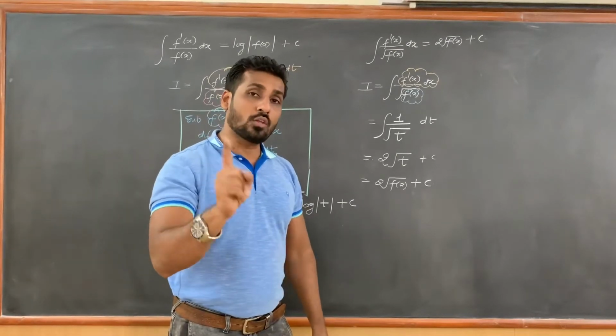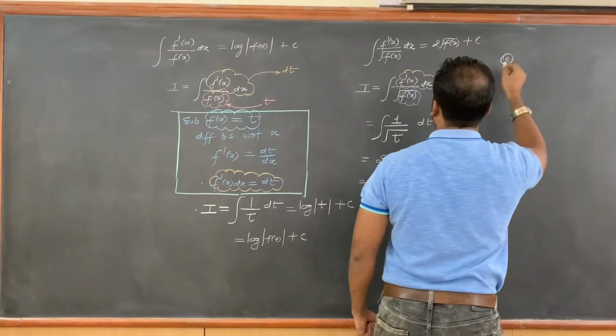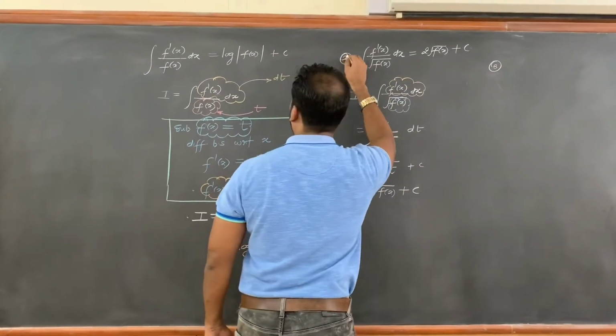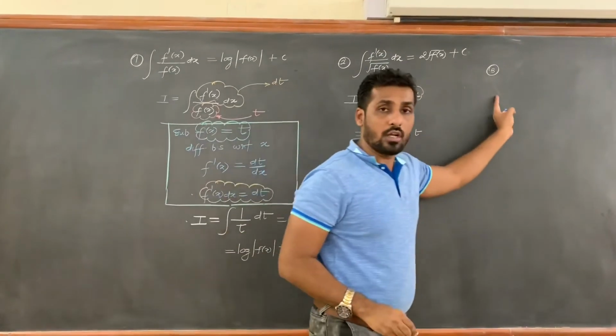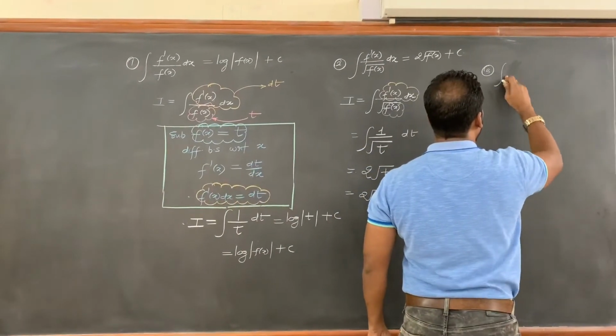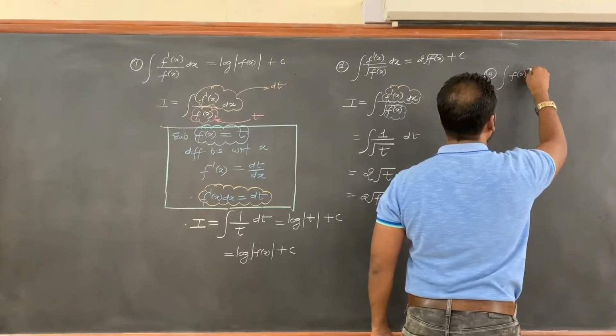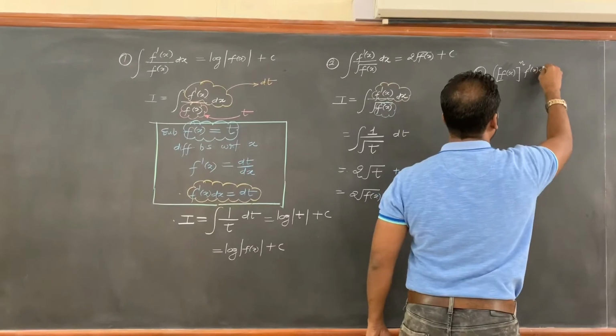Let's move on to the third corollary. So that was my second corollary and this was my first corollary. It is now integration of f of x raised to n, f1 of x dx.